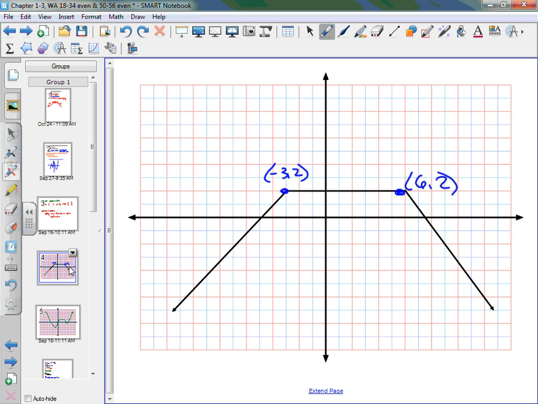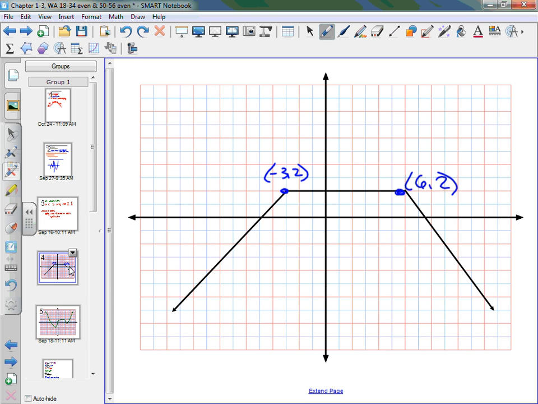Okay, now, we're going to do increasing, decreasing, and constant values. How do we read the graph? Left to right. So if I'm reading from left to right, I am clear down here at negative infinity. Do I see a graph? I do. As I march along, am I increasing, decreasing, or constant? I'm increasing.